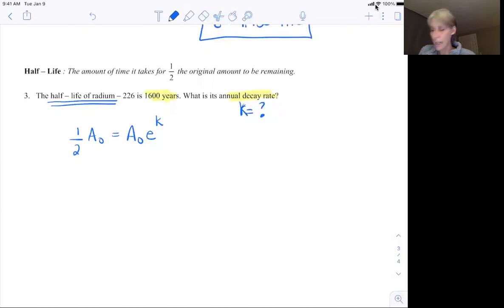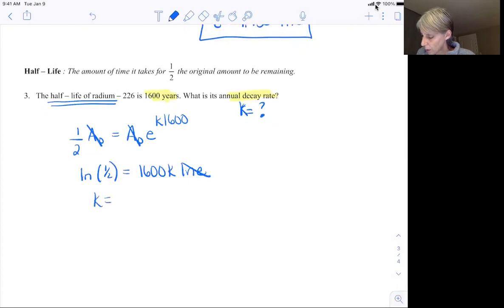I should have just used k. And the time is 1,600 years. That cancels. ln of 1/2 equals 1,600k ln of e. So k is going to equal ln of 1/2 divided by 1,600.